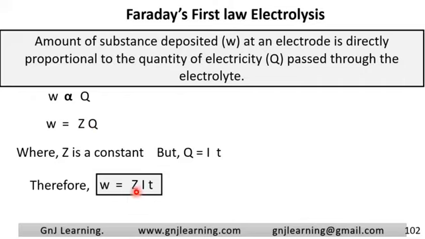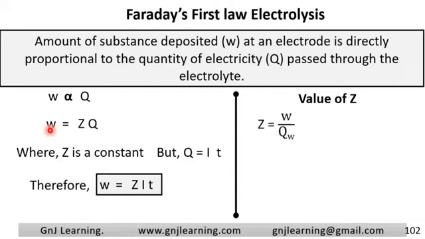Now what is the value of Z? This is what we are going to see, the value of Z. How to get the value from this equation? Z is equal to W by Q. So Z is equal to W by Q. Q means what?